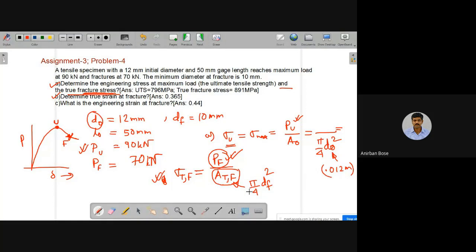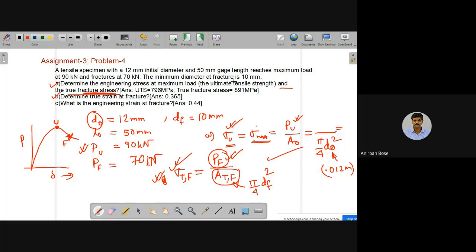Okay, so use this relation to find out the area, and then you will get the true stress. I think this part is clear. So now you know the engineering stress at the maximum load. This is the engineering stress at the maximum load, the ultimate tensile strength.